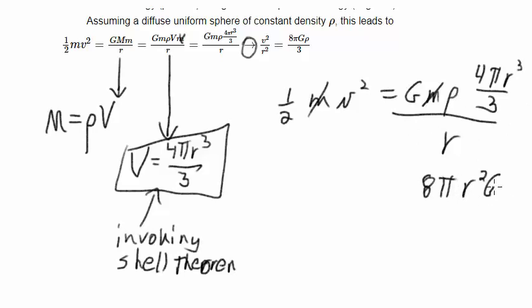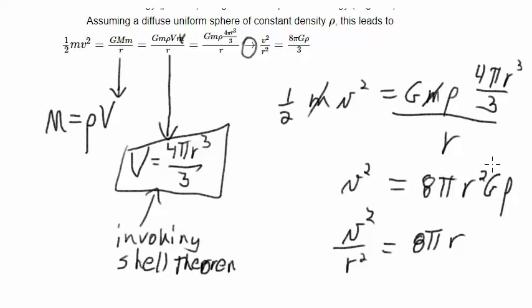G needs to be in there, rho needs to be in there, equals v squared. Divide both sides by r, we'll have v squared over r squared equals 8 pi G rho. And then I left out the 3, so let's put that 3 in there. And now we have v squared over r squared equals 8 pi G rho over 3.